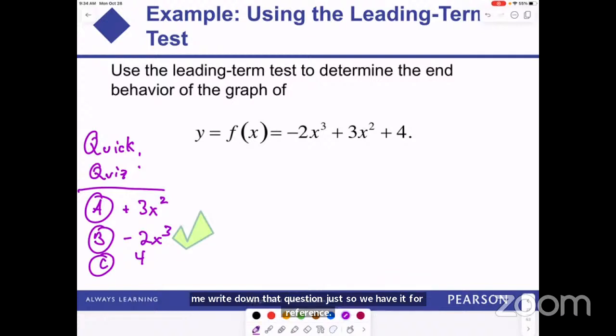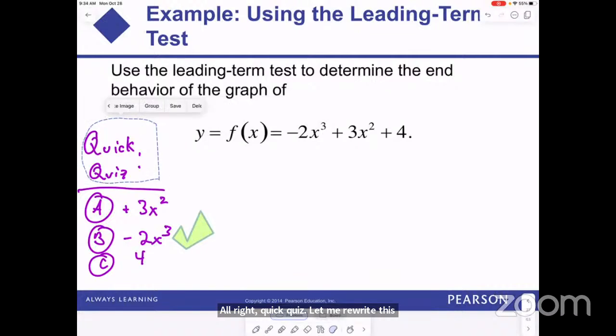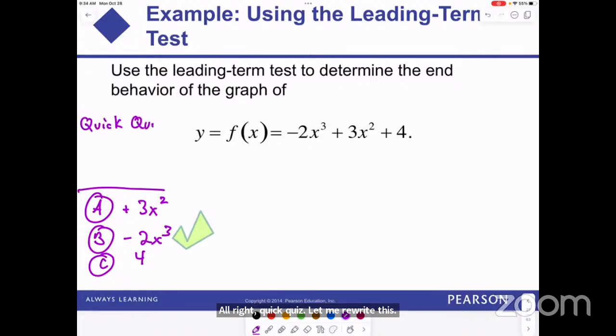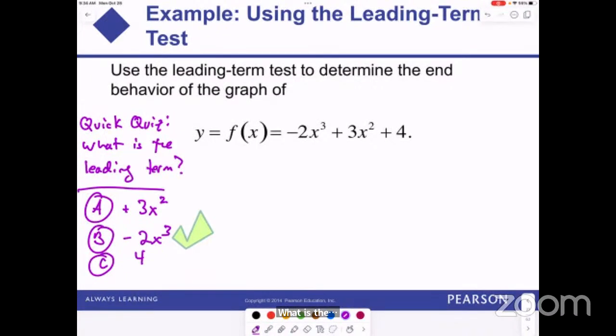Quick quiz. What is the leading term? So it's B. Okay, so the leading term is the negative 2x cubed.